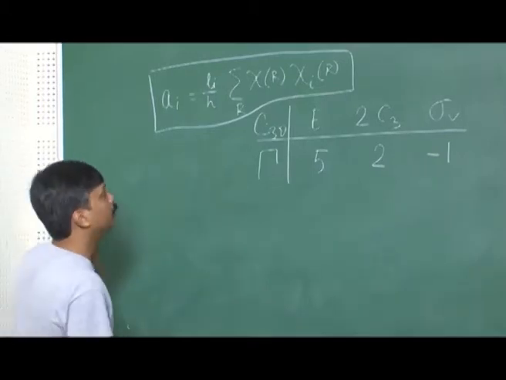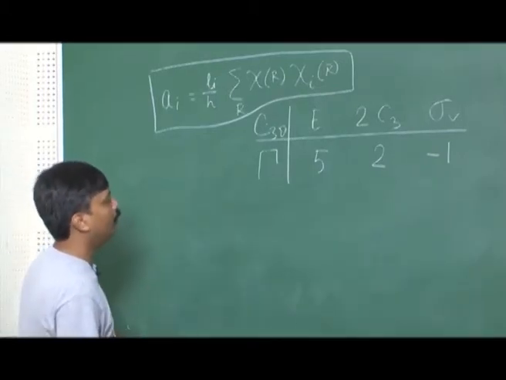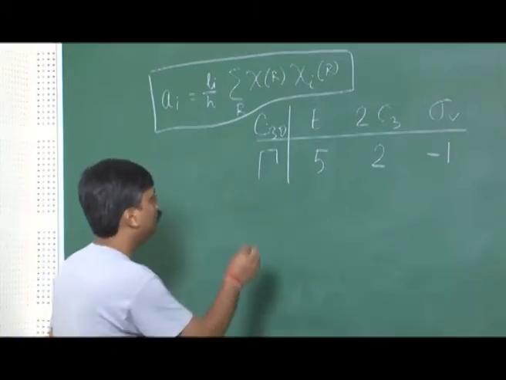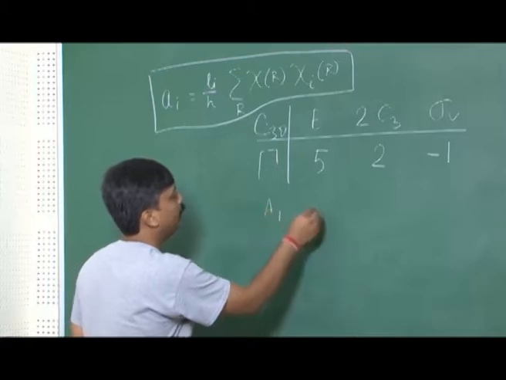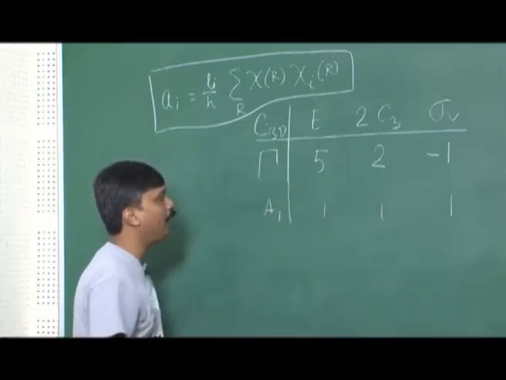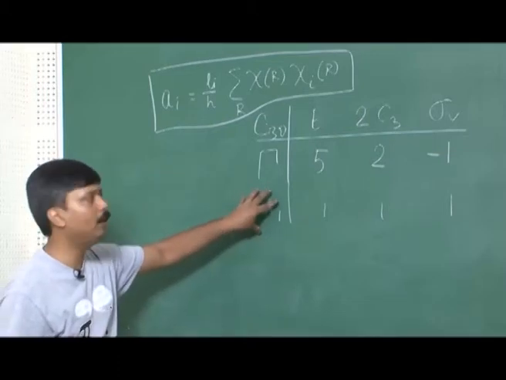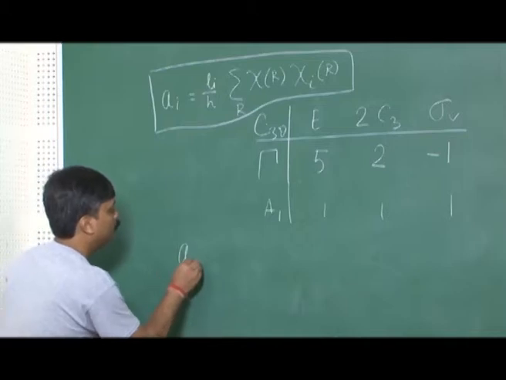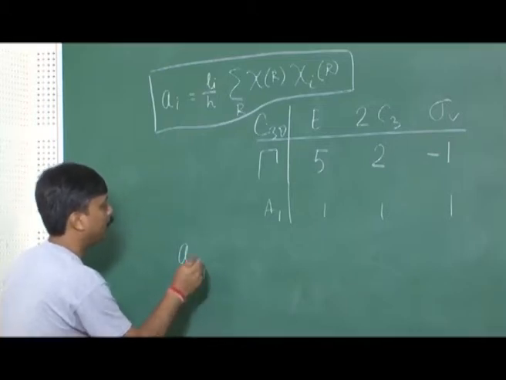Okay, h is equal to 6 here. So now if I remember what was A1, A1 was all 1. So suppose for example I write A1 here, so A1 was this, correct, totally symmetric IR. Now I would like to find out how many times A1 will occur if I reduce this one. So let us look at that, A1.